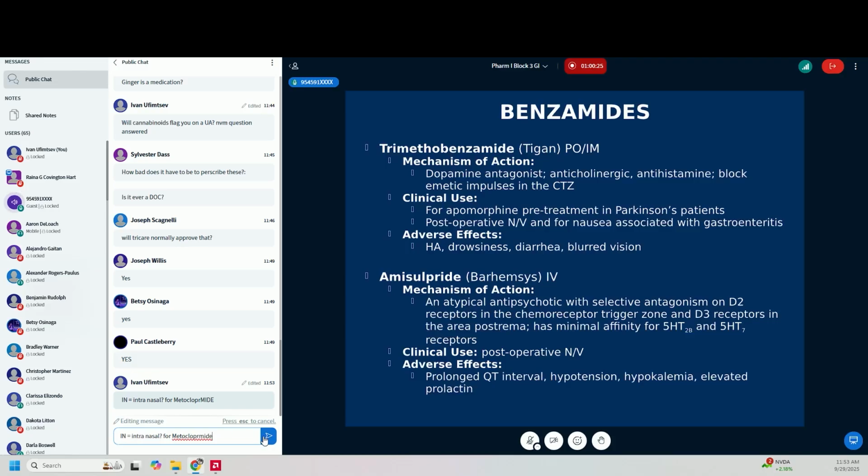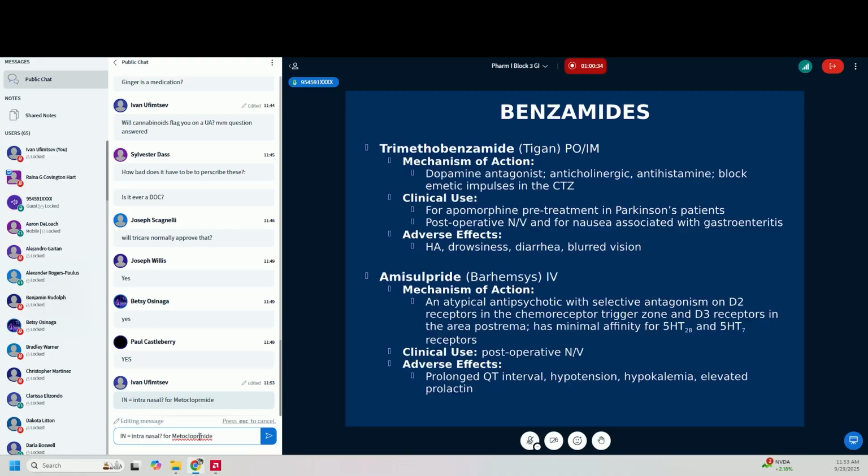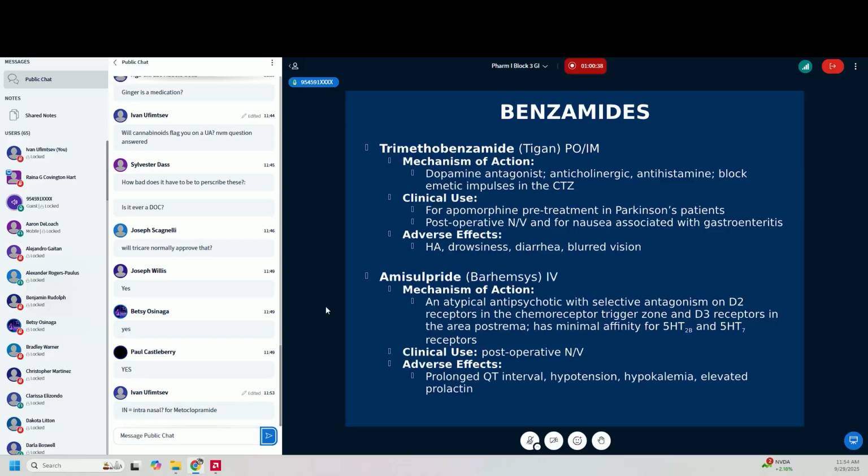I have anticholinergic, so I'm drying things up, antihistamine, so I'm thinking about drowsiness as being an issue because it's all of these things. And then I'm decreasing that feeling that the patient is going to feel in their CTZ. So therefore, I am decreasing that impulse.